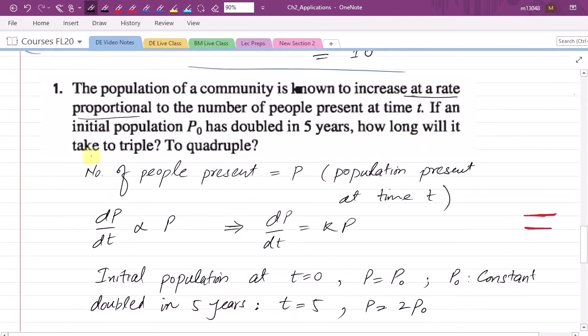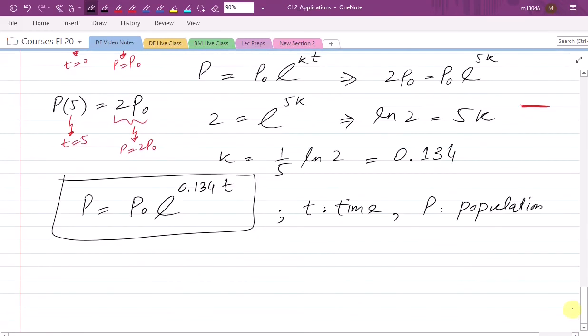How long will it take to triple or to quadruple? So there are two questions here. First question is how long will it take to triple? Triple means 3 times. So we have to find t if P is 3P0.